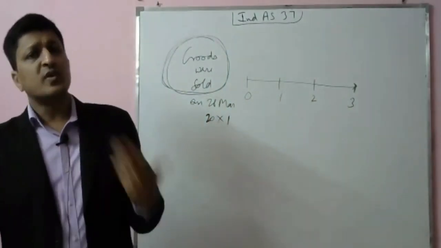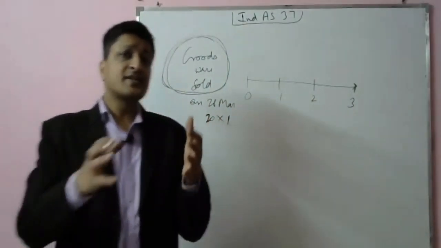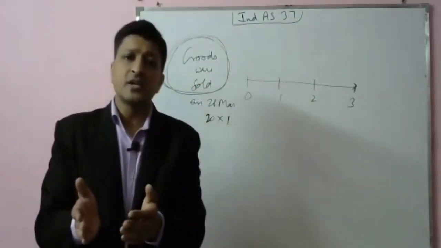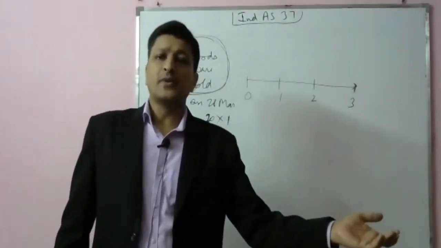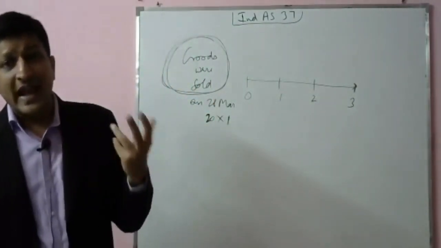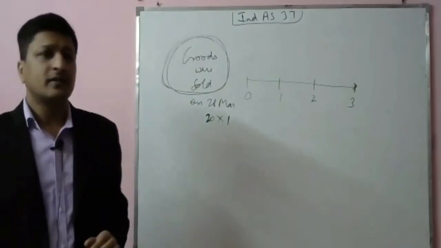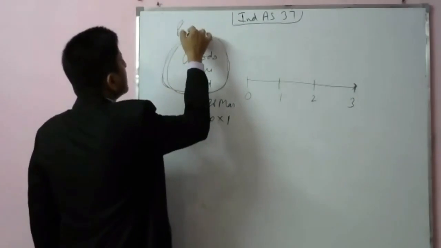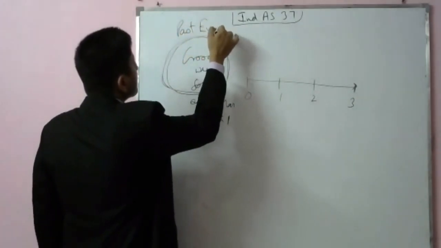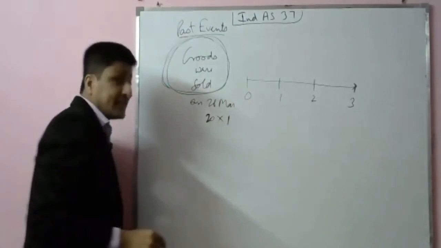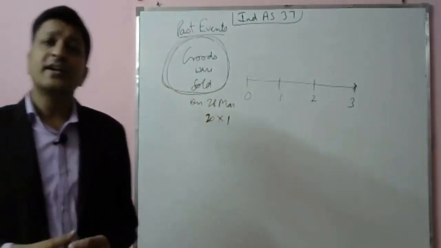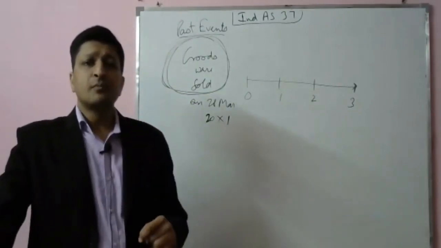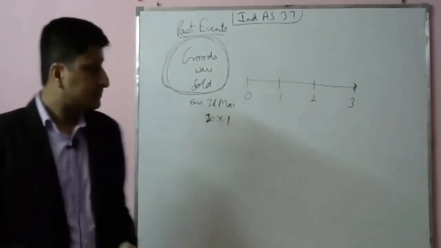Now, in this case, what is the past event which will result in the provision for making good the contamination? When the land is getting contaminated, that is the past event. So, what are the past events? These are the events which have already taken place, because of which a provision is going to arise.